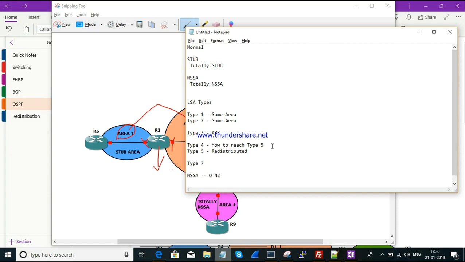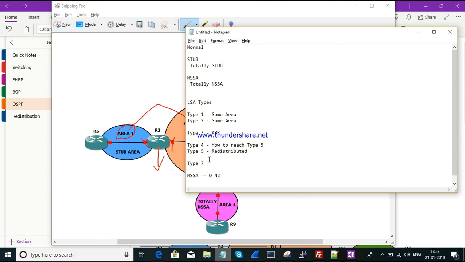How to reach a redistributed network, or information that is apart from OSPF: you should know how to exit from OSPF. That exit point is given by type 4 LSA in order to reach outside of OSPF entries. So this is what type 4 and type 5 LSA are about.